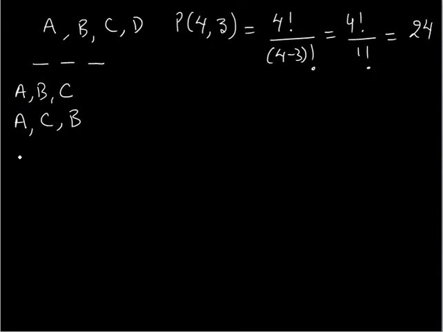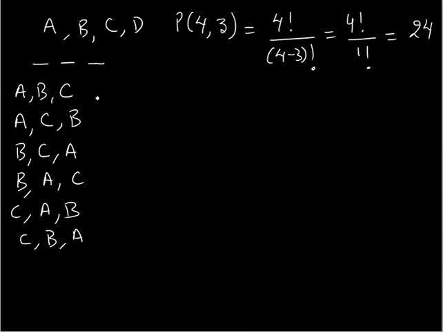Let us explore. Can we find some more arrangements for these 3? Maybe they are arranged as BCA or BAC. Still we can have 2 more arrangements. Maybe they are sitting in the arrangement CAB, or they may be sitting in the arrangement CBA. So you can see all 6 arrangements which are possible for these 3 people.